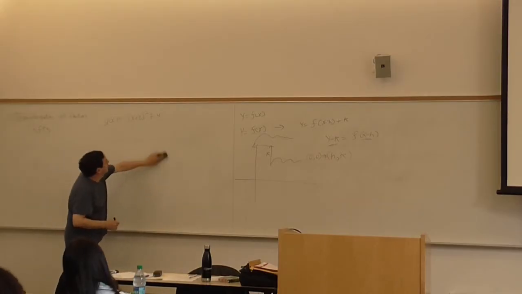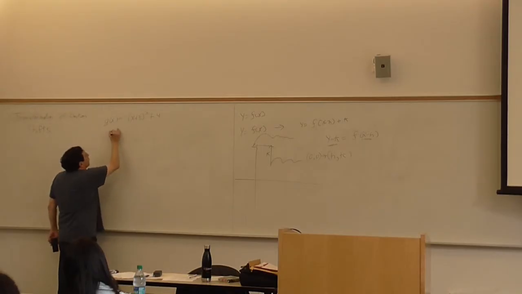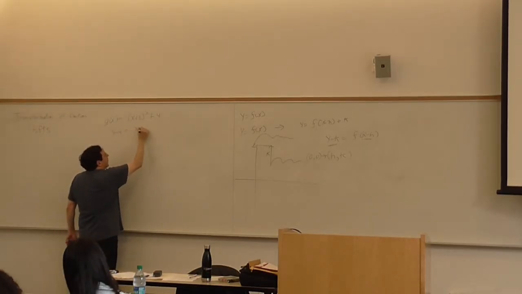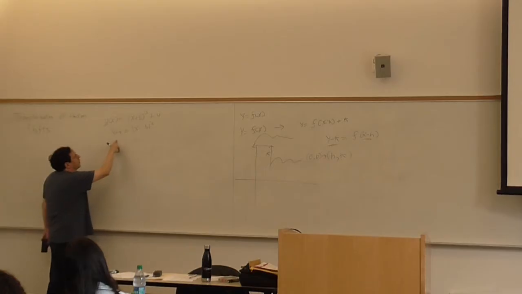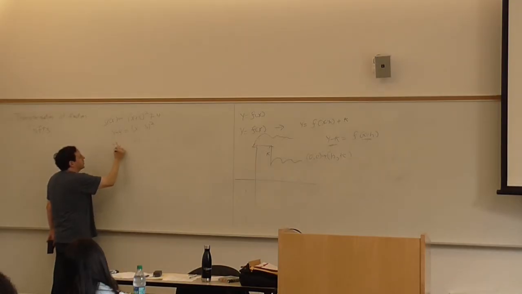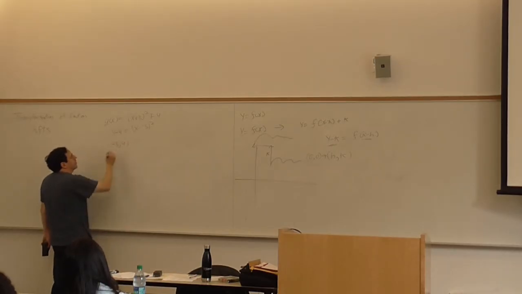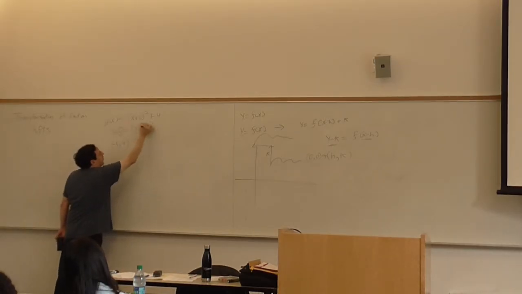Okay, one more try here. We want to say y minus 4 equals x plus 3 squared. So my original function is going to move how? It's going to move minus 3 in the x direction and plus 4 in the y direction. Okay? There's my 4, there's my minus 3.